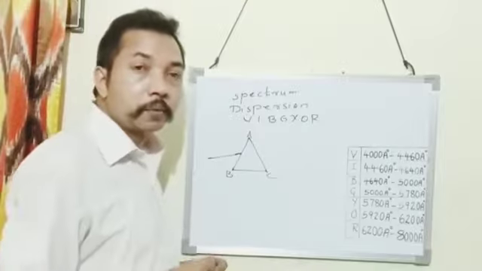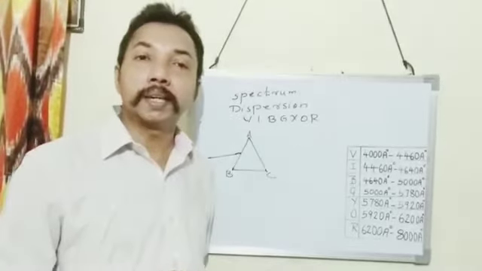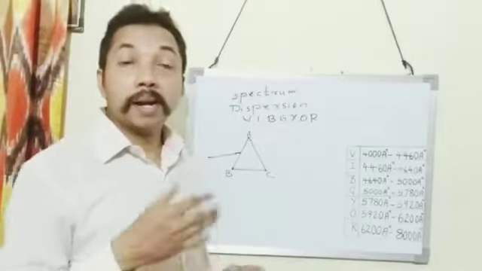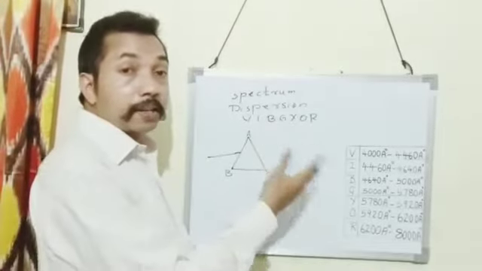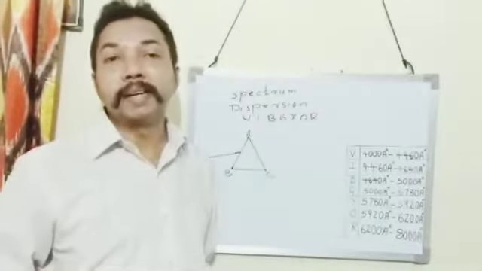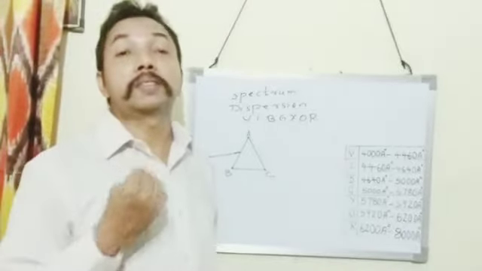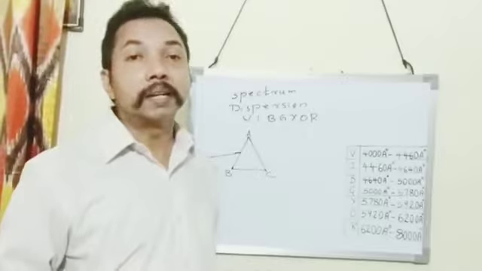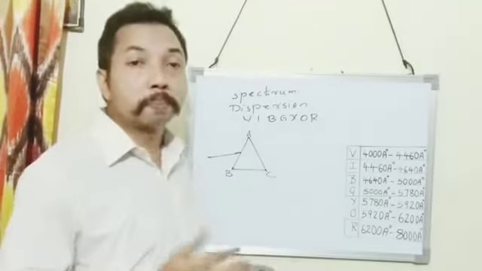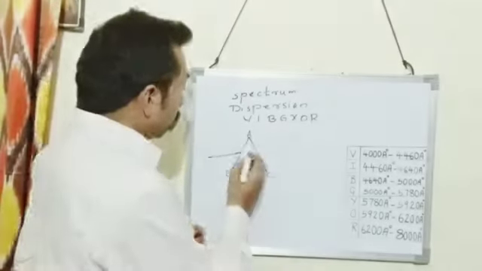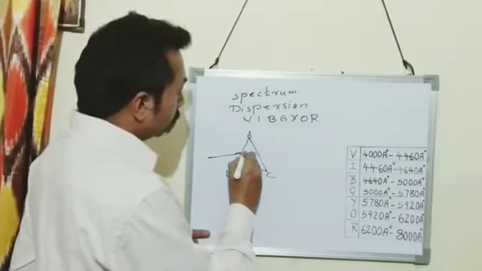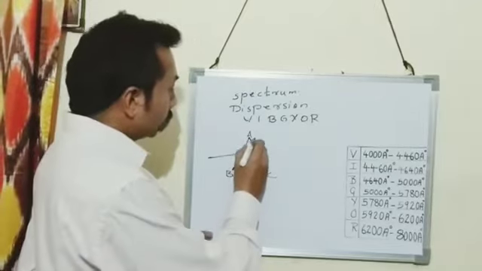That is why we are not able to see a spectrum in air. But when this white light is passed through any other transparent medium, the spectrum can be seen, because these 7 colors have different speeds. So this white light is separated into 7 colors.